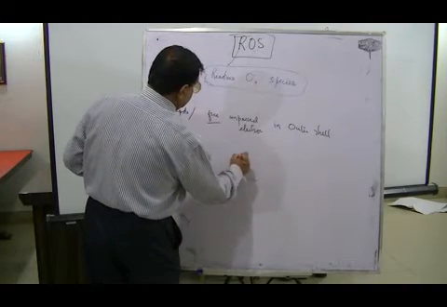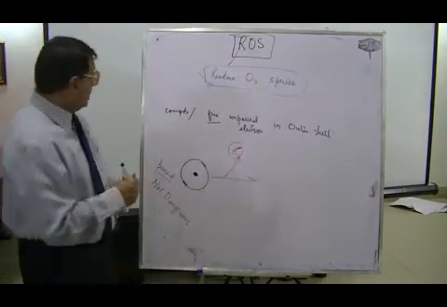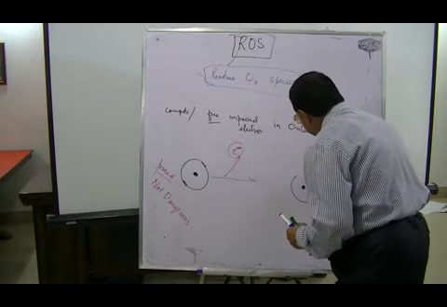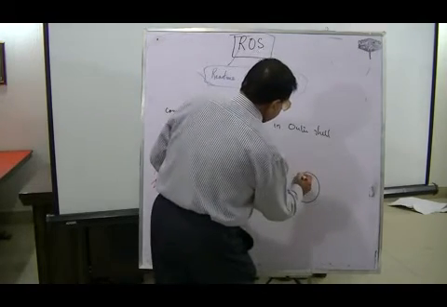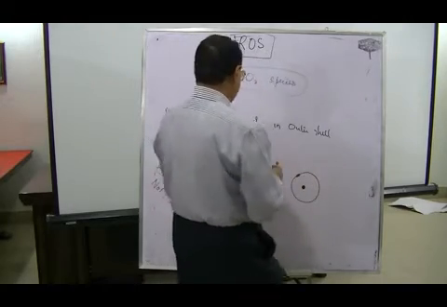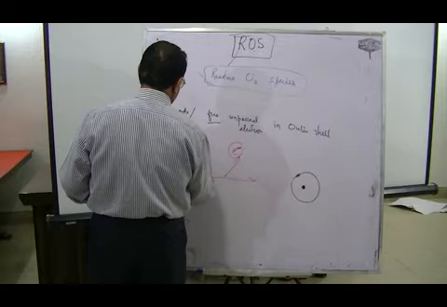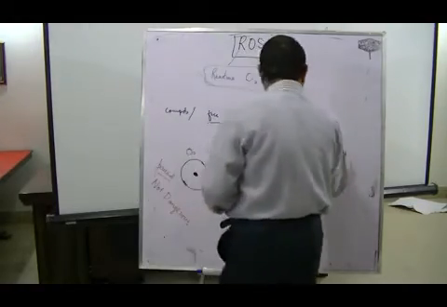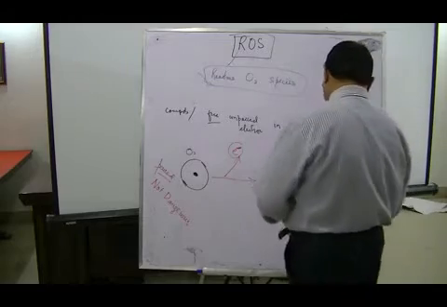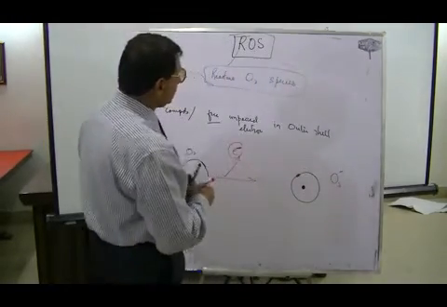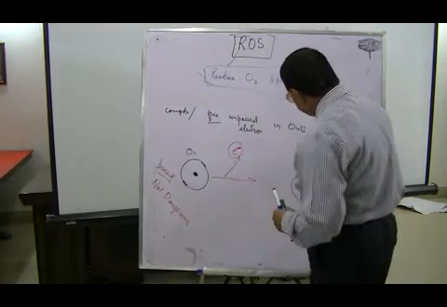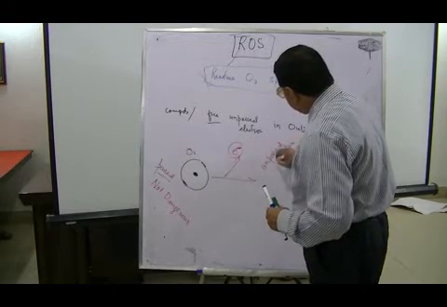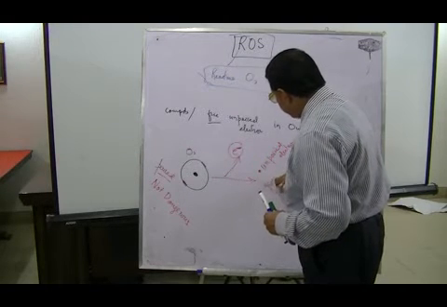But if one electron is taken away, then you get the formation of the compound, be it oxygen, with one unpaired electron in the outer shell. This is called the free radical.